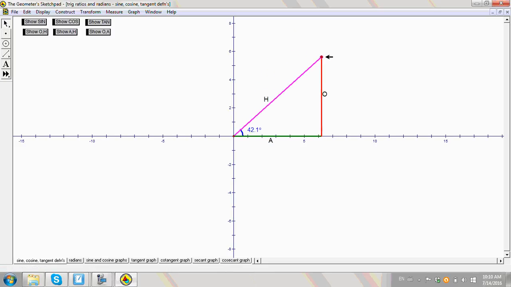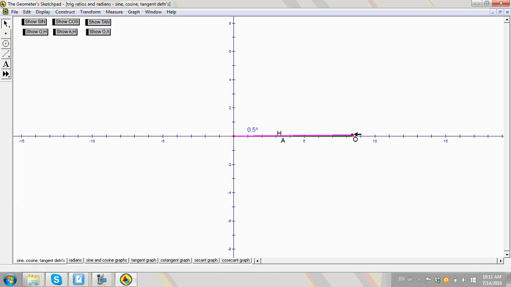Now as the angle approaches 0, notice the hypotenuse isn't changing. The hypotenuse stays the same, but as the angle approaches 0, the opposite side length also approaches 0. I can't get it exactly to 0 in this program, but the point is that when we get the angle down exactly to 0, this opposite side length becomes 0.